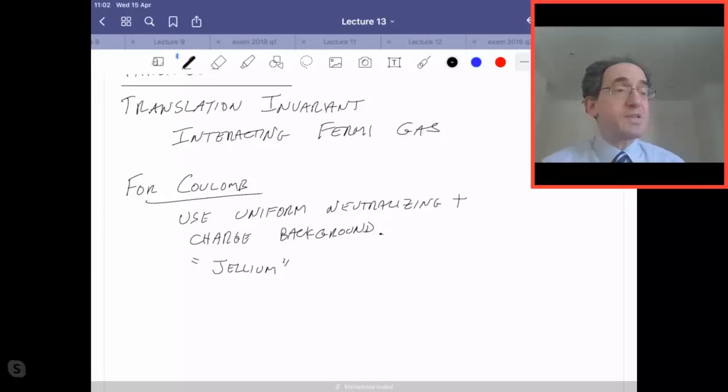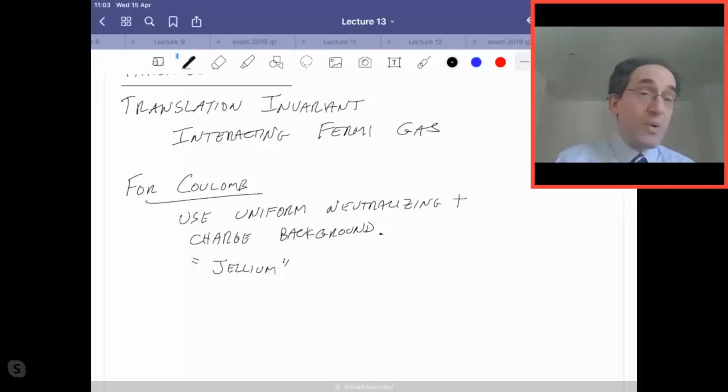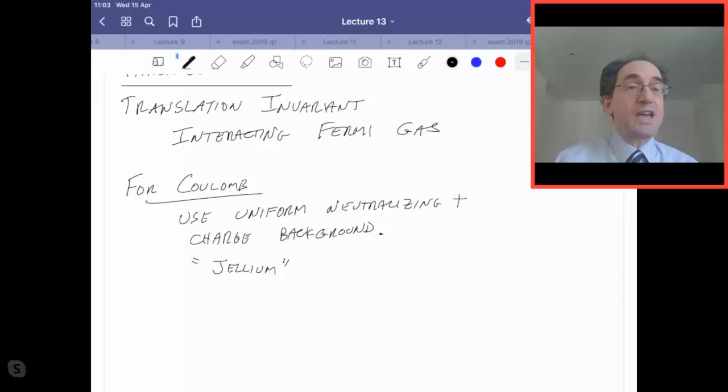Conyers Herring was the head of the famous Bell Laboratories theoretical physics research department, which included people like Phil Anderson and Walter Cohen and lots of extremely important physicists of last century went through the Bell Labs theoretical physics department.